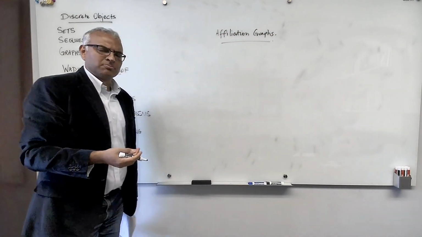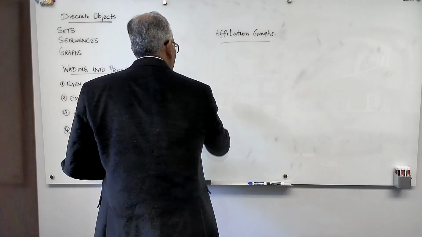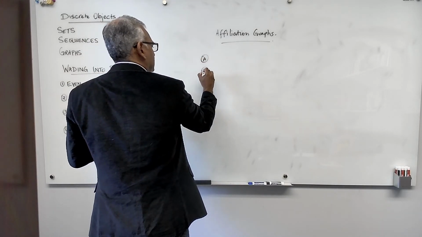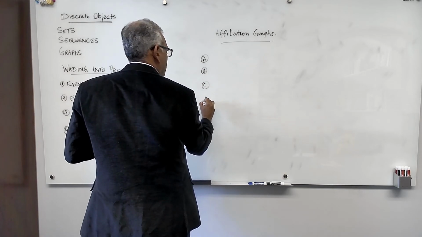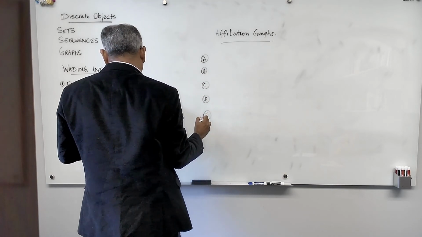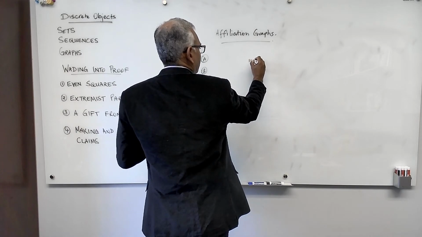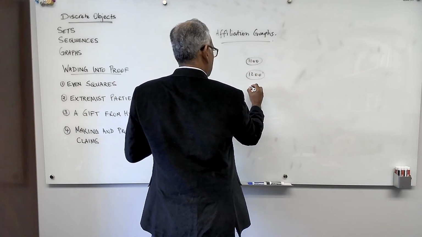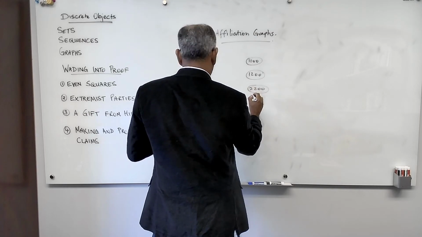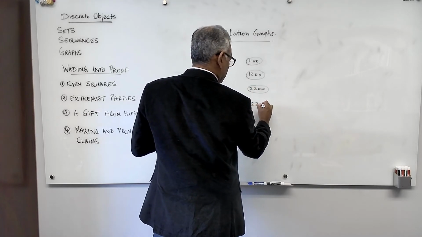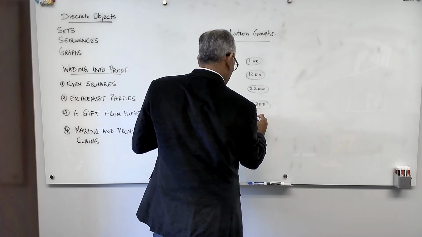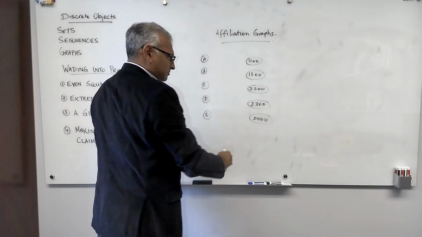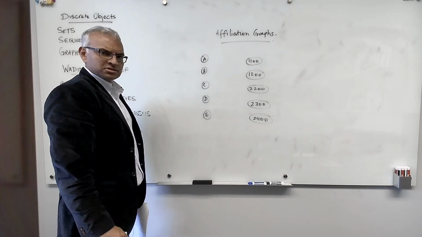So the name is not important, but the concept is fairly common. So our people, A, B, C, D, and E are taking courses 1100, 1200, 2200, 2300, and 2400. Turns out that at RPI, these are very common core CS courses.